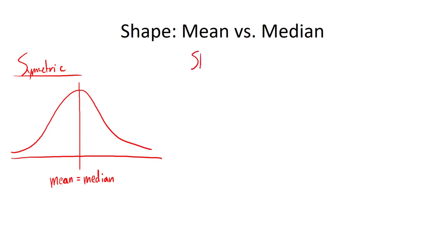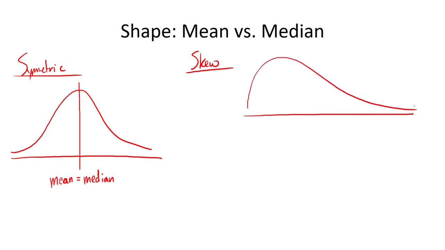But when you start to have skewed distributions, for example in a skewed right distribution, your median might be, say, right here. What do you think is going to happen to the mean? Knowing that it's not resistant, it's going to get pushed which way, down or up? It's going to get pushed up.